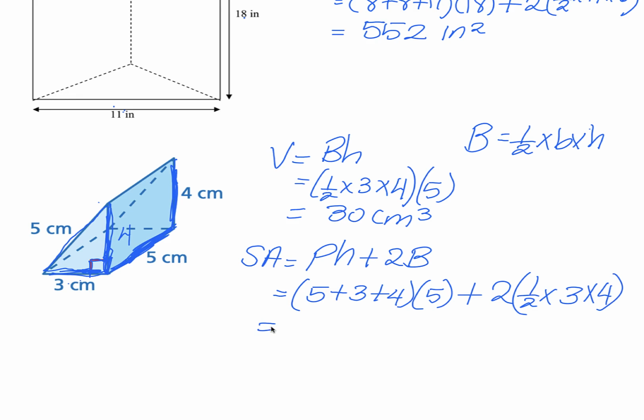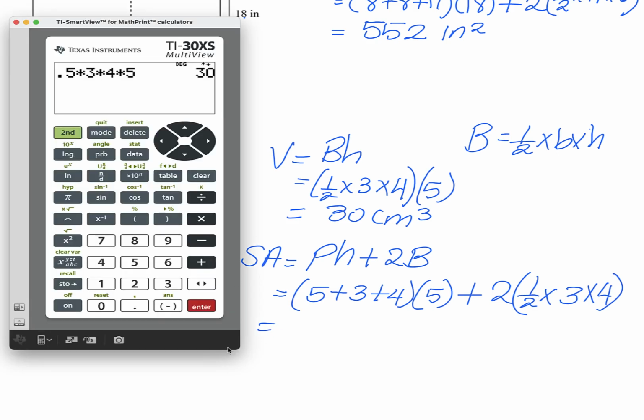And again, we're going to put all of this in our calculator. I'm going to put it in my calculator just as I wrote it. So I'm going to open parentheses. I have 5 plus 3 plus 4, close the parentheses, multiplied by 5 plus, open the parentheses, 2 times 0.5 times 3 times 4.